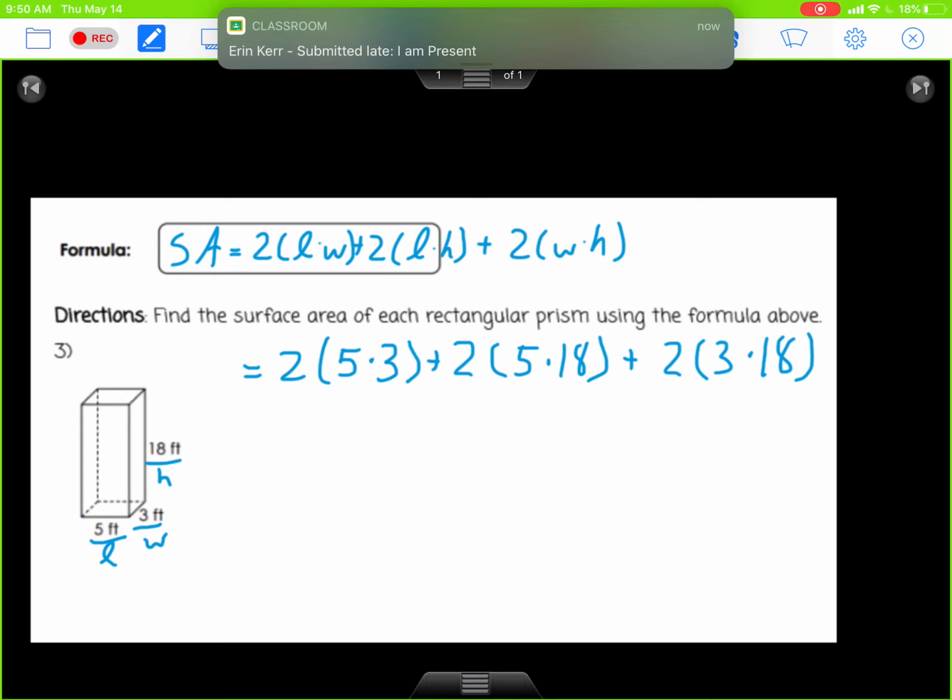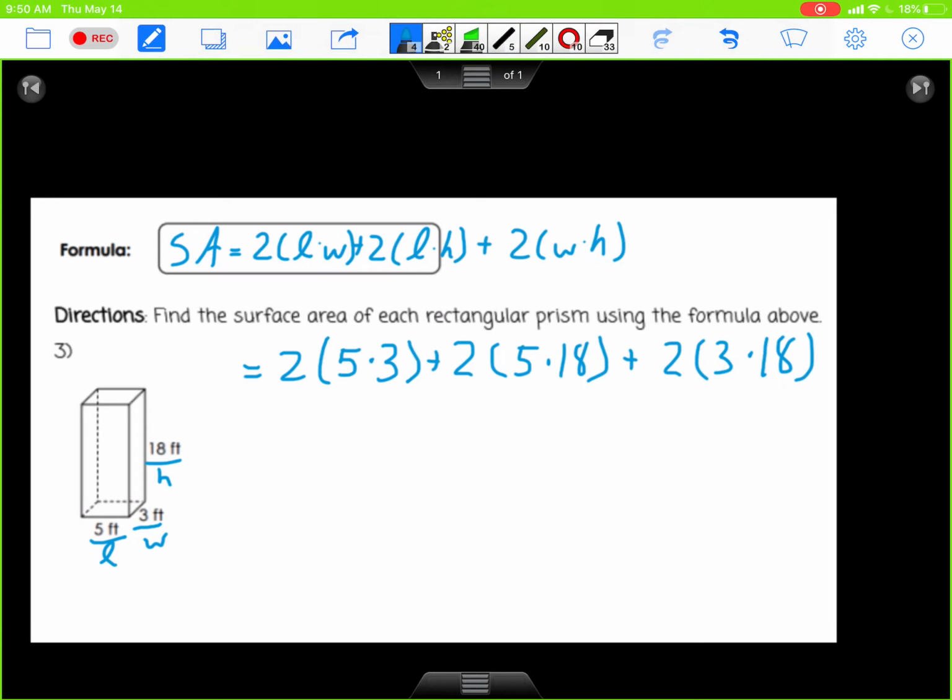Now, your next step here is I want you to multiply each term there, just to double check. So 2 times 5 times 3 should get you 30, plus 2 times 5 times 18 should get you 180, plus 2 times 3 times 18 should get you 108.